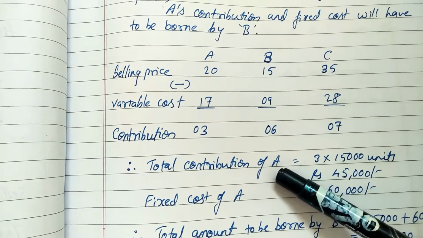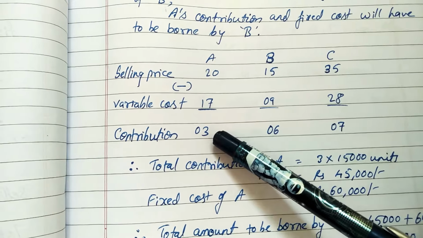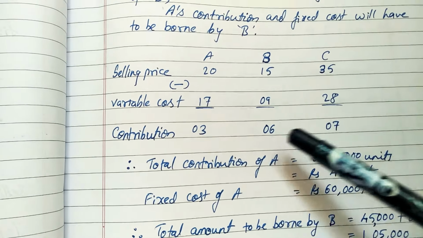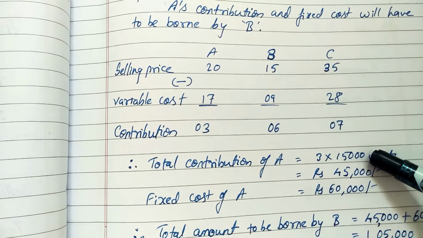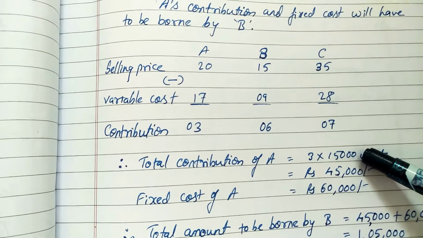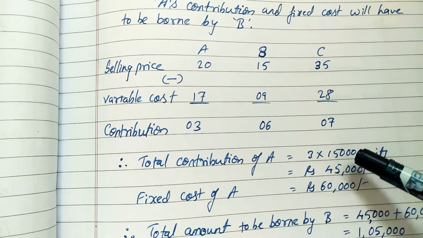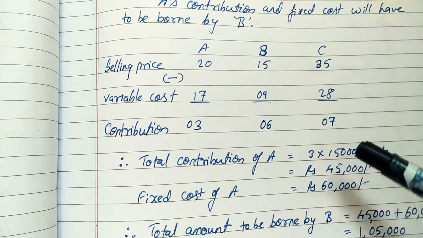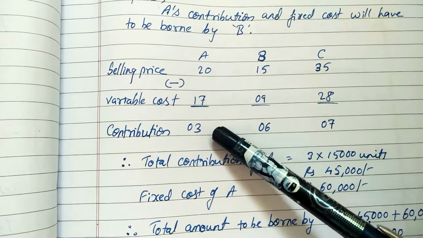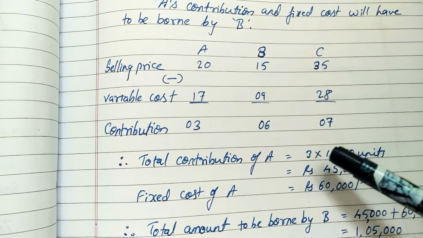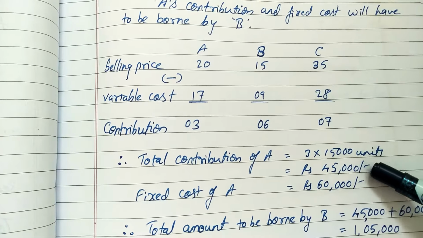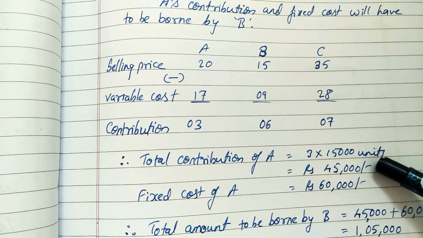So the total contribution of A, that is 3 rupees per unit, multiplied by 15,000 units. It's given in the question that the volume or the output of division A is 15,000 units. So we just have to multiply contribution per unit by the number of units. 3 into 15,000 gives us 45,000 rupees.